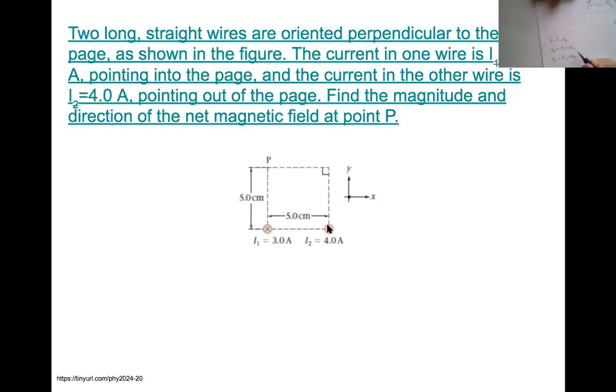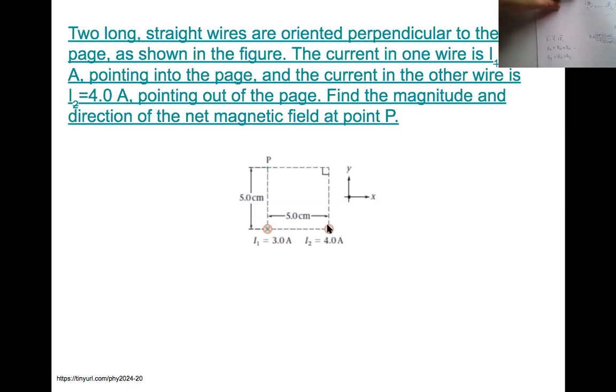Now, the x component of B1 will be just B1. We can have B1 calculated. So B1 is going to be 4 pi times 10 to the negative 7, the mu naught, times I1, which is 3, divided by 2 pi times 5.0 times 10 to the negative 2.